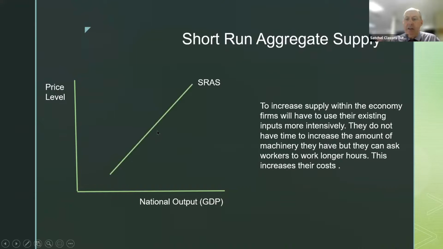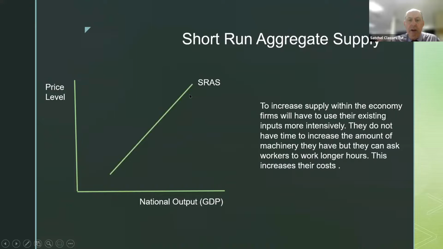So what we're seeing on this curve is they don't have time in the short run to increase machinery or factories, because that takes time. Whereas what they can do is ask their current workers to work longer hours, or recruit people quite quickly to come and work for them to increase output.